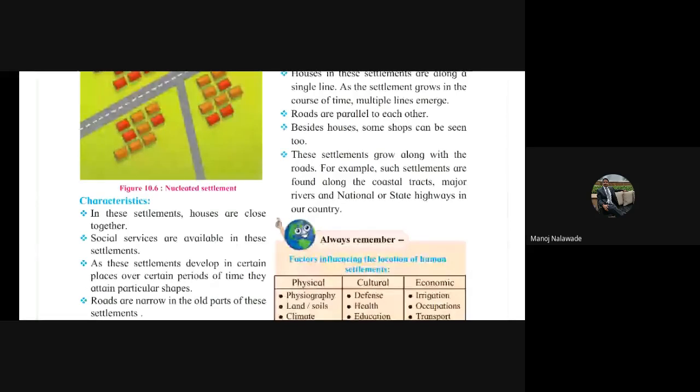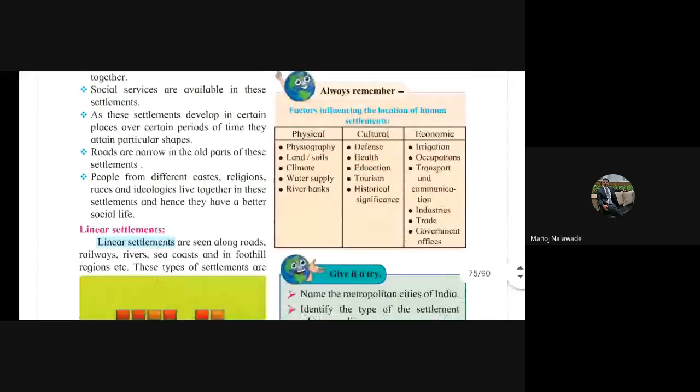Always remember the factors influencing the location of human settlement. There are three major factors, friends, which are responsible for settling down. The first factor is physical factor, the second one is cultural factor, and the third one is economic factor. Physical factor means what? What is the physiography of that region where you want to locate?